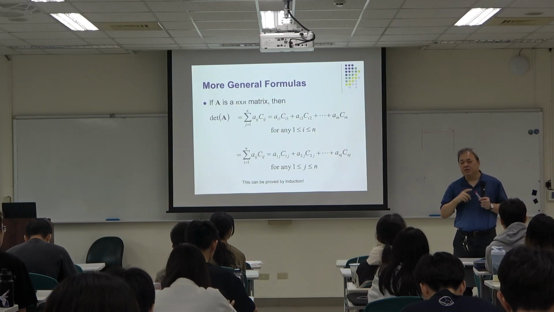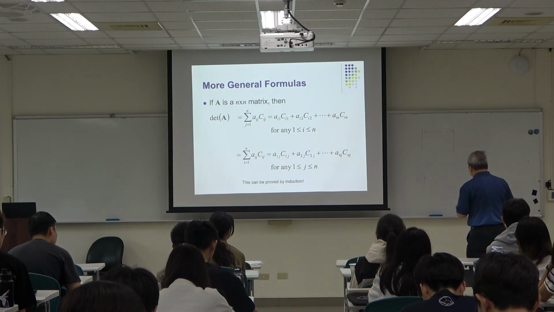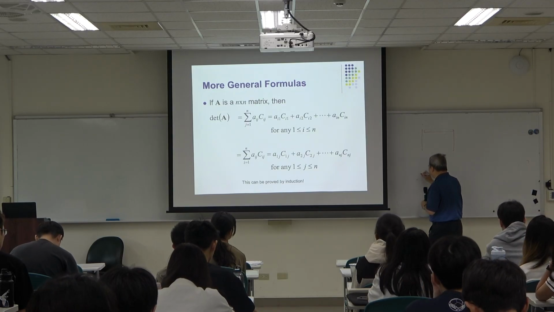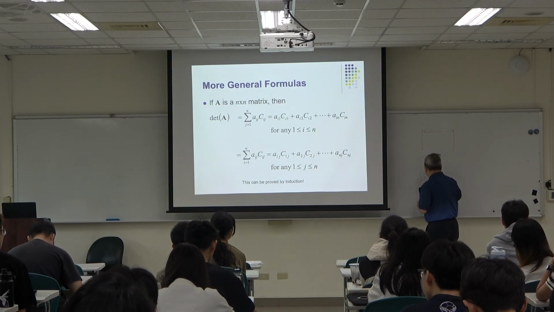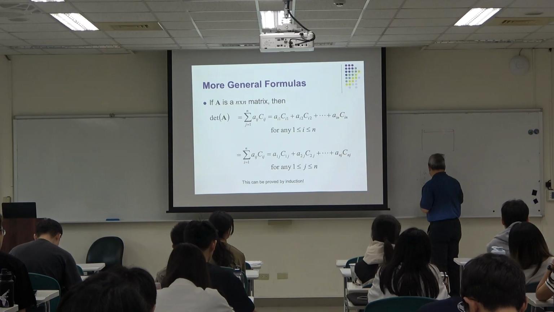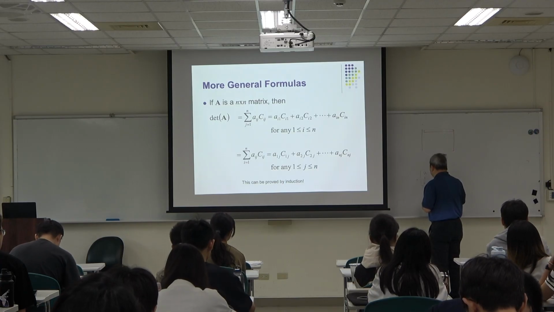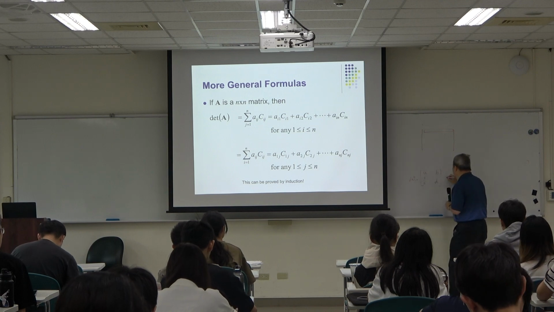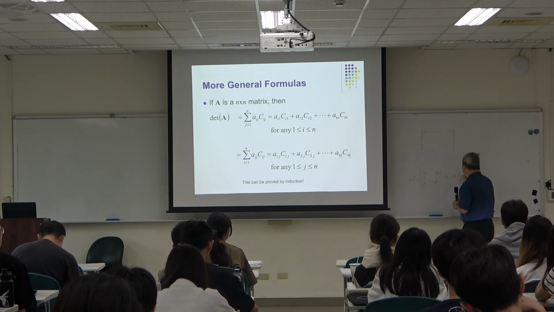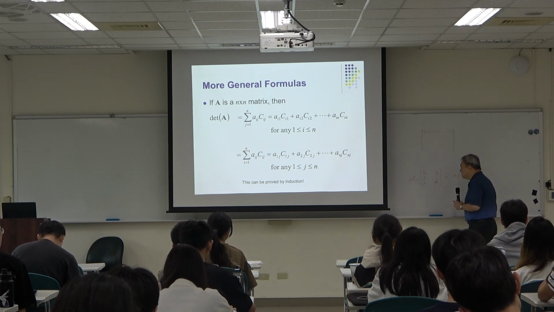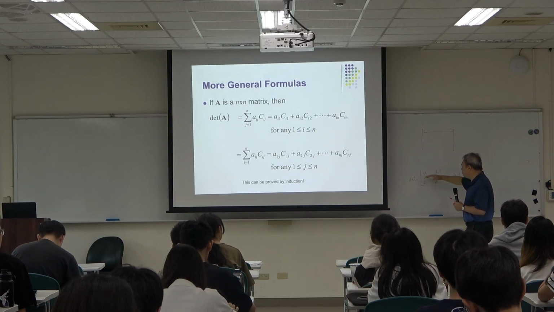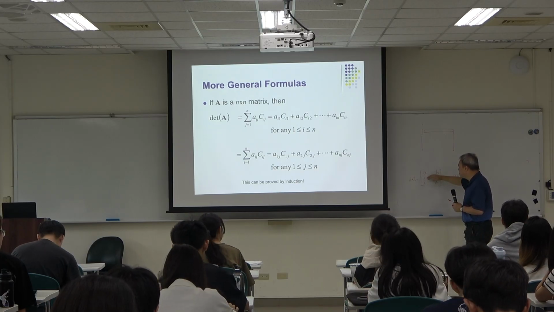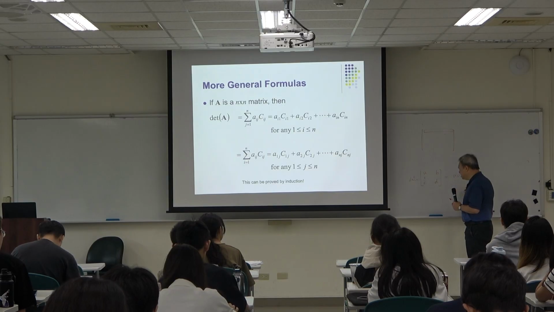So we know A, B, C, D. The determinant of this is AD minus BC, right? So we already see that if you expand through the first row, it's going to be this.